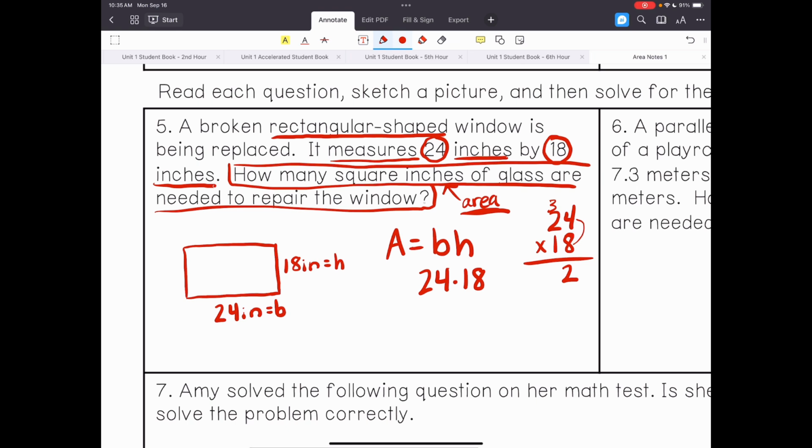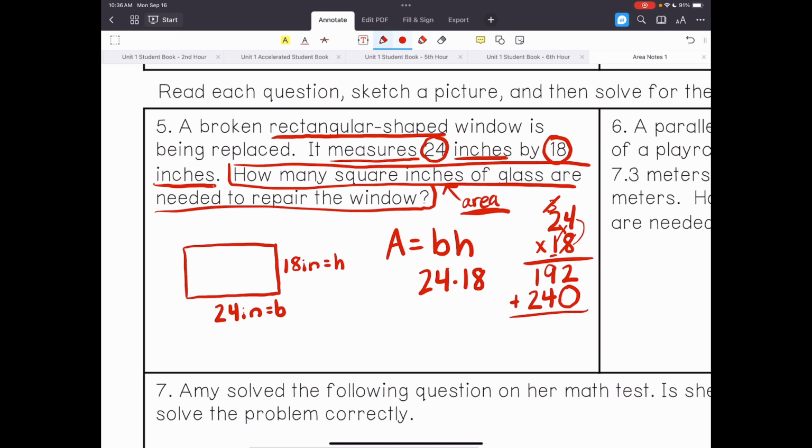All right, 32, carry the 3, drop the 2. 8 times 2 is 16 plus the 3 is 19. There's nowhere to carry it, so I drop them both down. I'm done with the 8. Now I do the one that's 10 times bigger, so I put a 0 to hold my place. 1 times 4 is 4. 1 times 2 is 2. We already used that 3, so we're not adding that in.